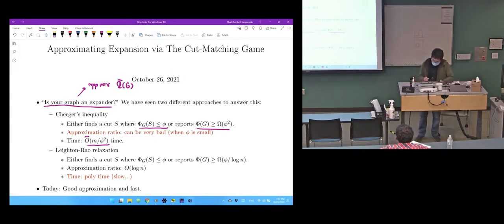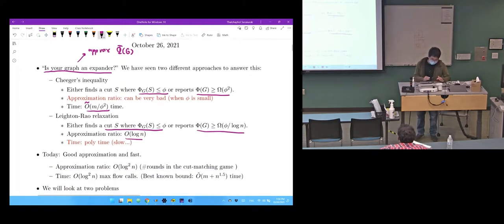Here we get a log n approximation. That is, we either find a cut of conductance phi or say that there is no cut of conductance less than phi over log n. So the approximation is log n, but the time is quite slow. It's solved by a linear program, polynomial time, but slow.